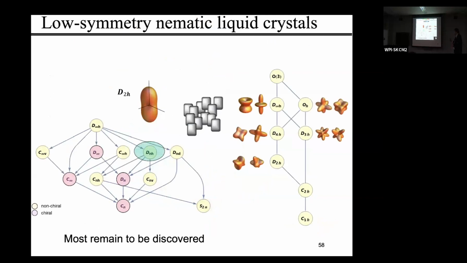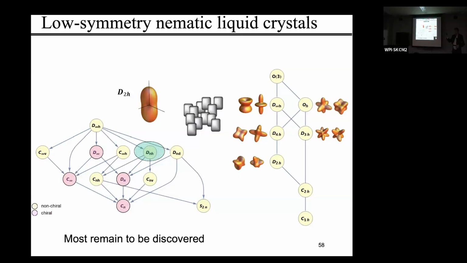And again, different point group symmetries can be associated with nematic phases that we can form. The only problem, they all are possible, but they have not been discovered. And so for students and postdocs, that's fantastic news, right?